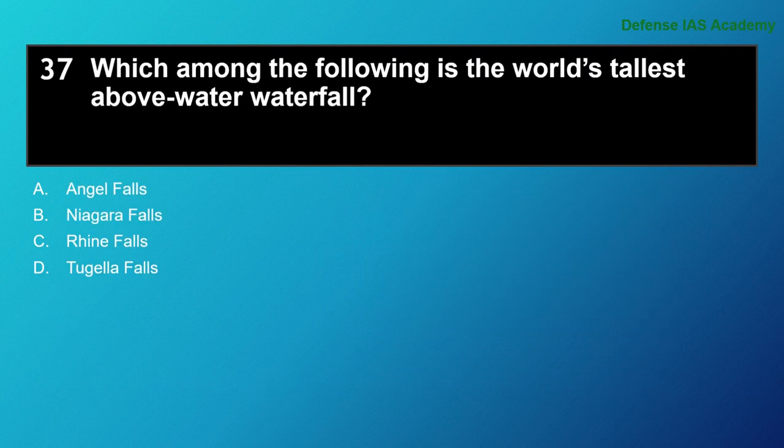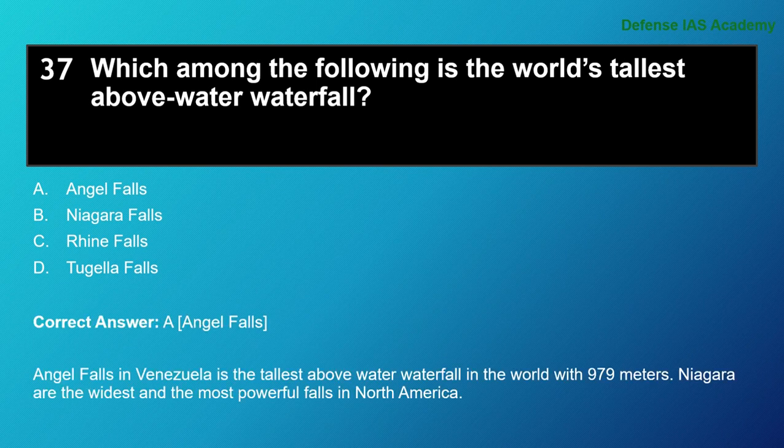Now next, which among the following is the world's tallest above water waterfall? The answer to the question is option A, Angel Falls. Angel Falls, which is in Venezuela, is the tallest above water waterfall.